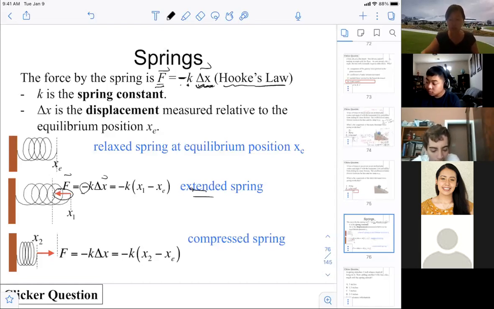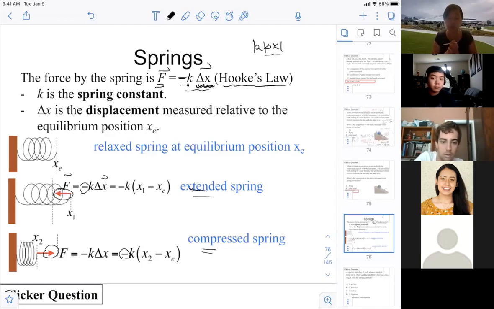And again, the same thing about compressing the spring. If you're pushing the spring to the left, then the force would be pushing you away, to the right. So the force is always opposing which way you extend or compress the spring. So that's why there is a negative sign in Hooke's law. But when you apply it in your equations, figure out which way this force is pointing, and then the magnitude is simply K times the total amount of the stretch, or the total amount of the extension or compression. Okay, so that's just Hooke's law.